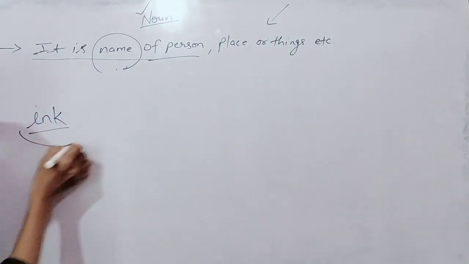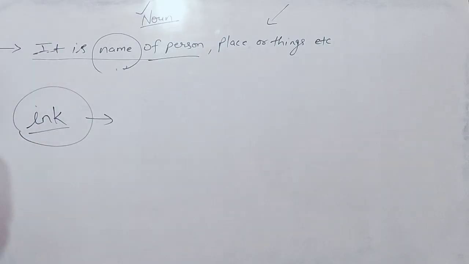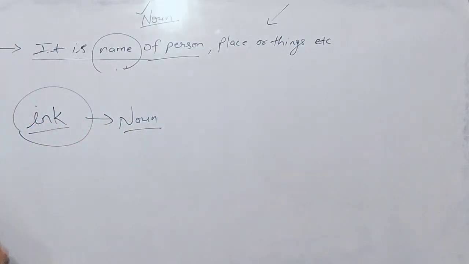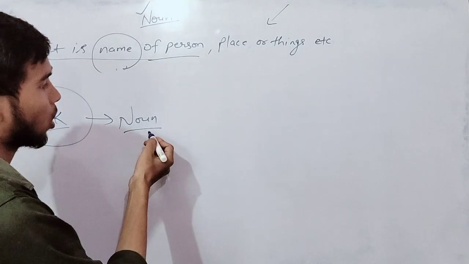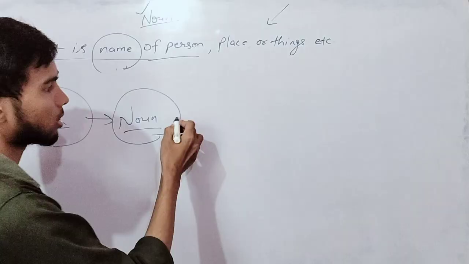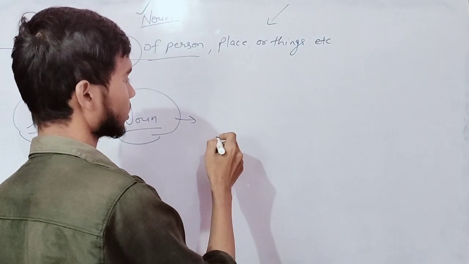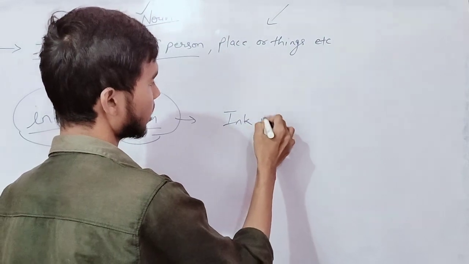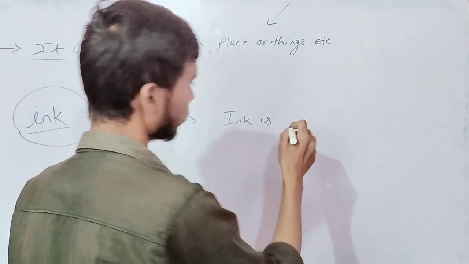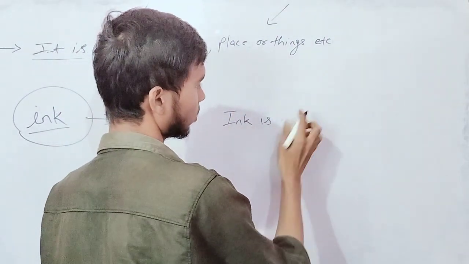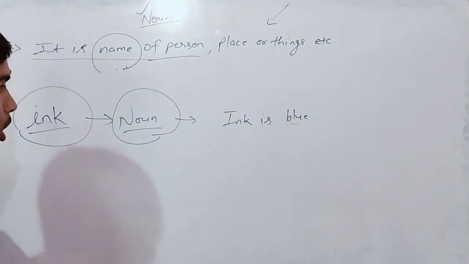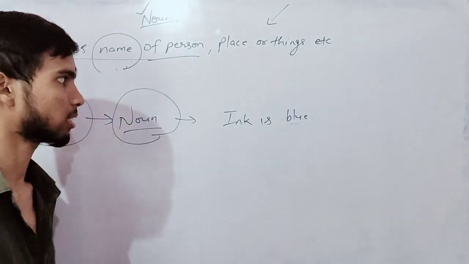Now we are clear that it is a word, but what is the name of this word? Noun. Name of this word is noun. Now, if this is a noun, then in a sentence, when we write "ink is blue", now we are in a sentence.